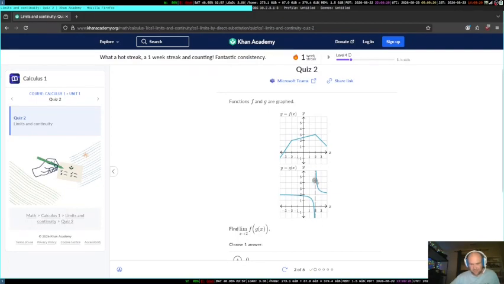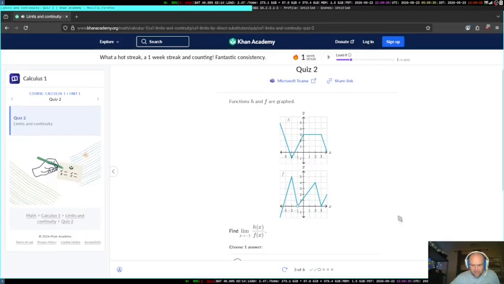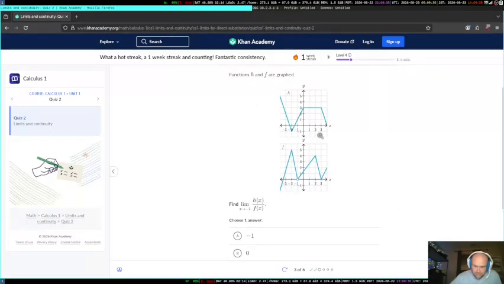Okay, but there's no limit. The limit as x approaches -1 of f over g. Oh, of h over f. But the limit... Oh. This is tricky.